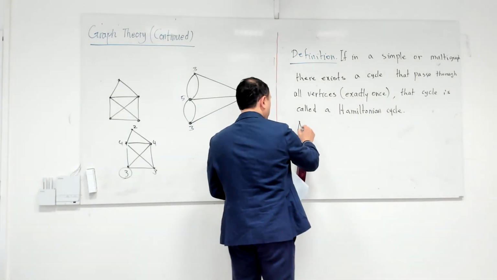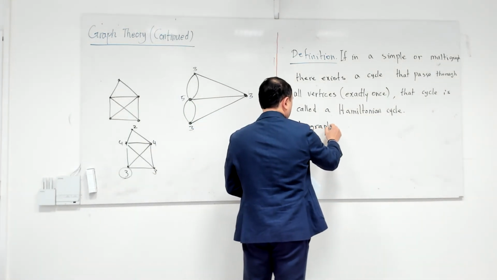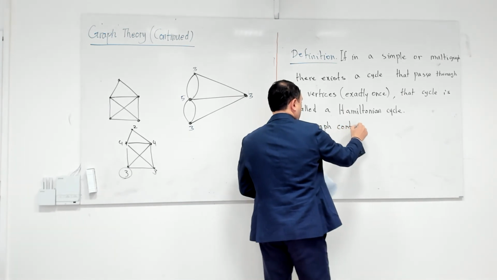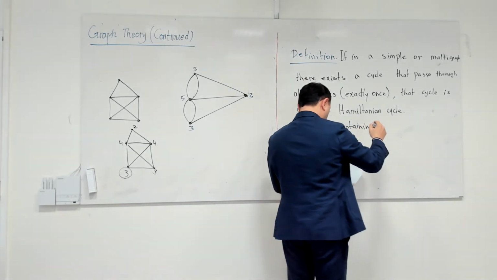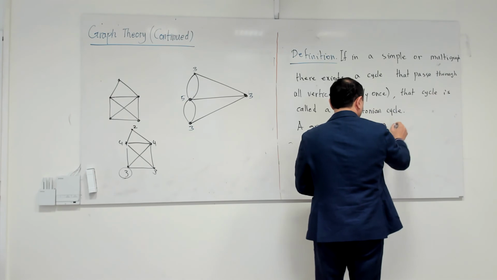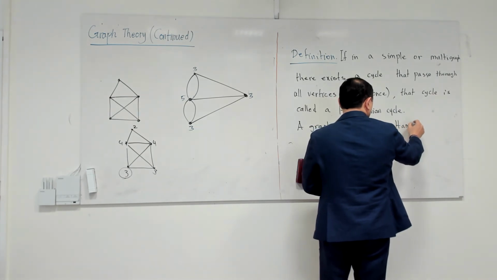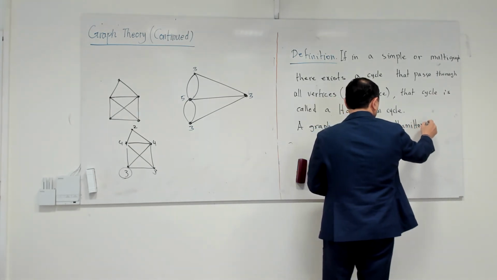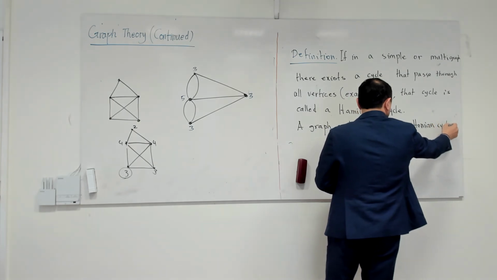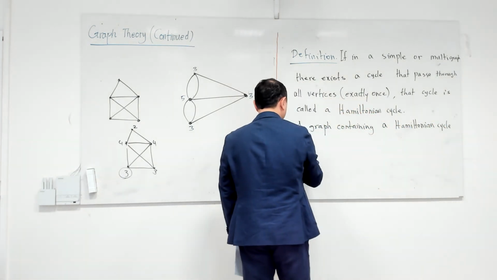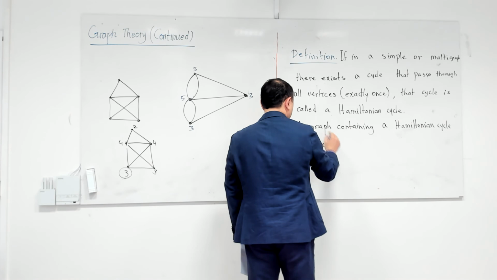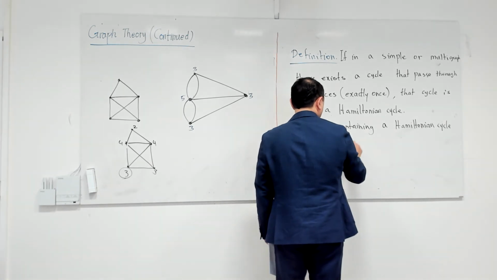A graph containing a Hamiltonian cycle is called a Hamiltonian graph.